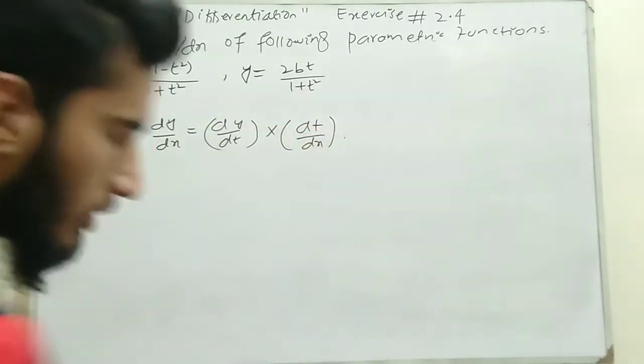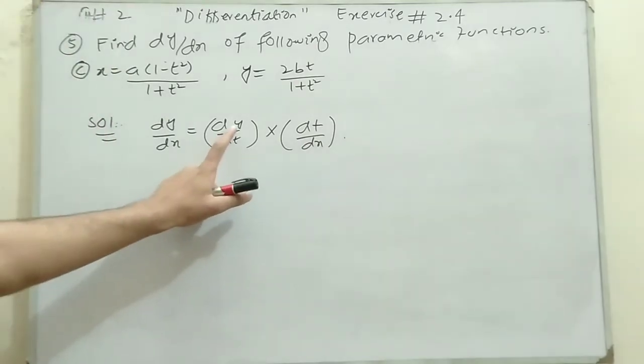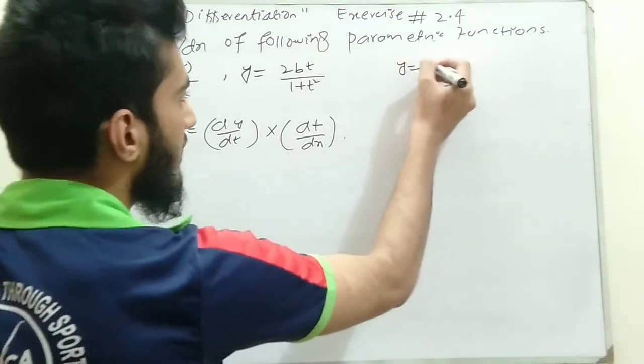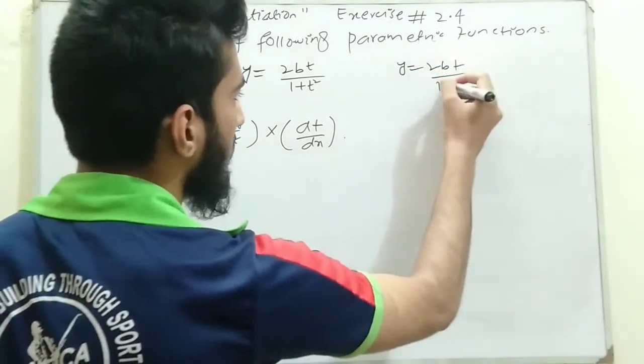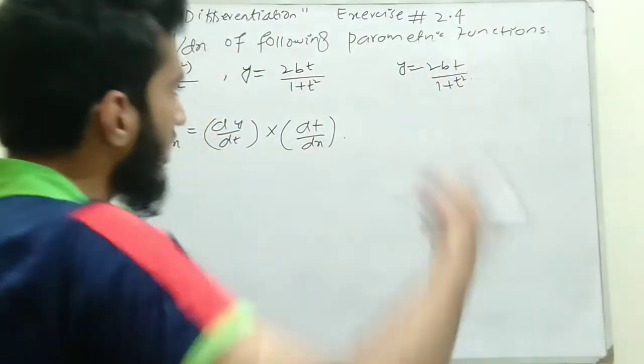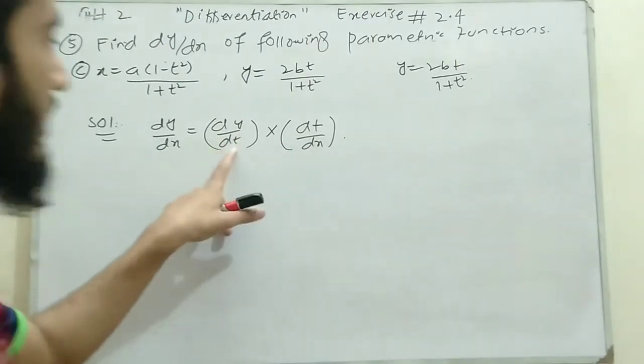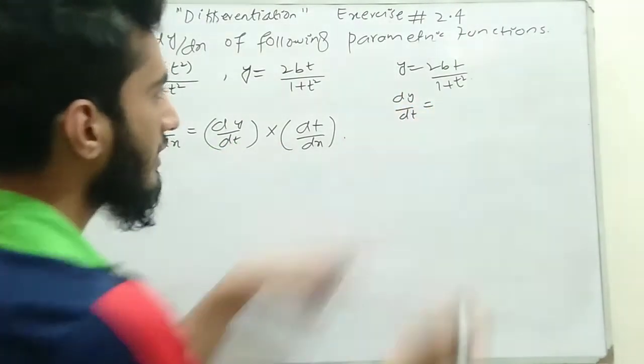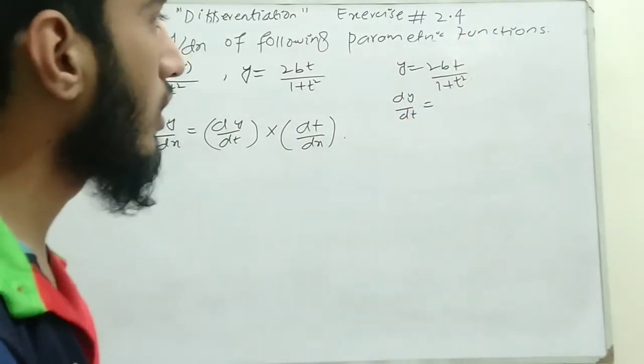Now first we are going to find the derivative of the function y with respect to t. Our y function is 2bt divided by 1 plus t square. Differentiate both sides with respect to t. Here this is in fraction form, so we will use the quotient rule.